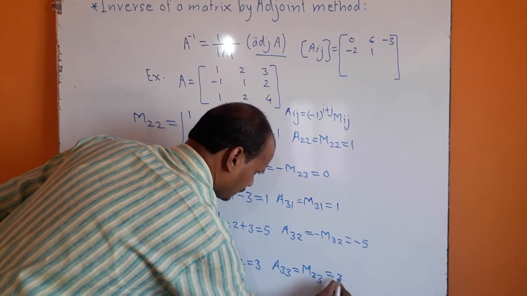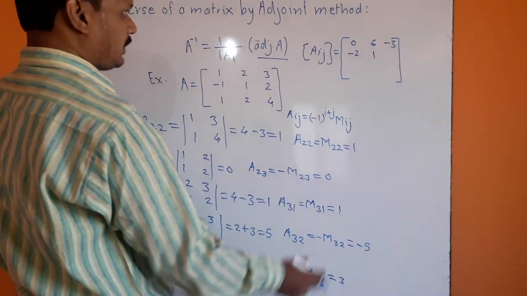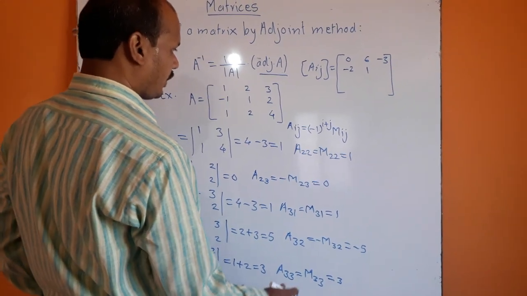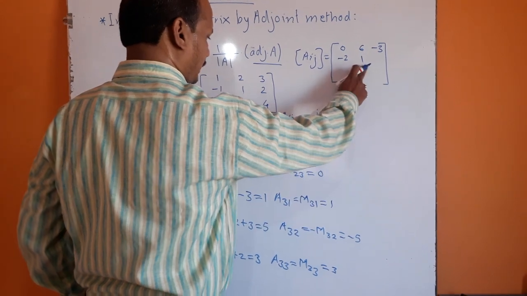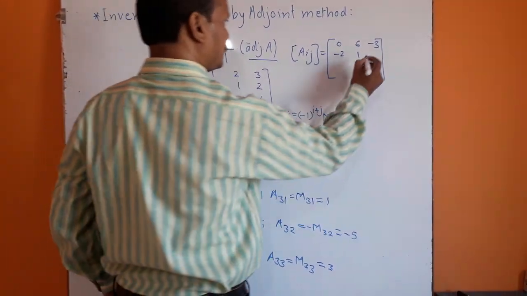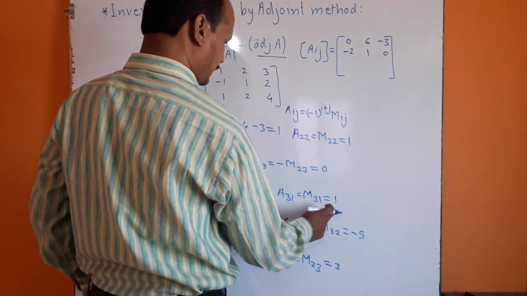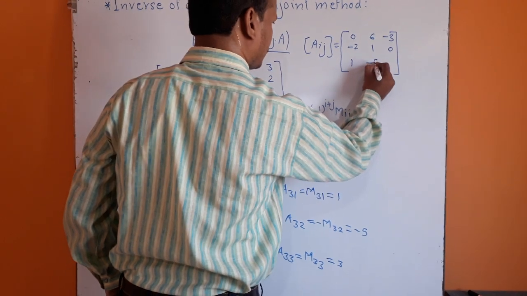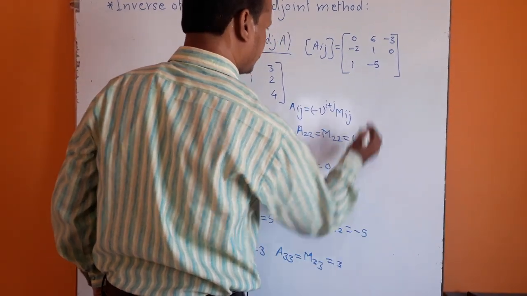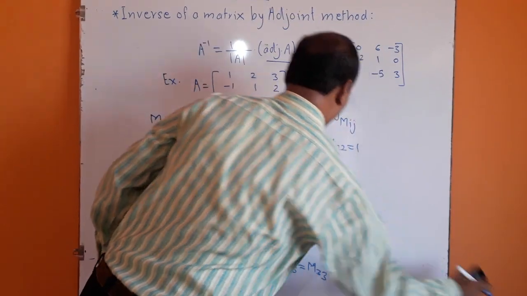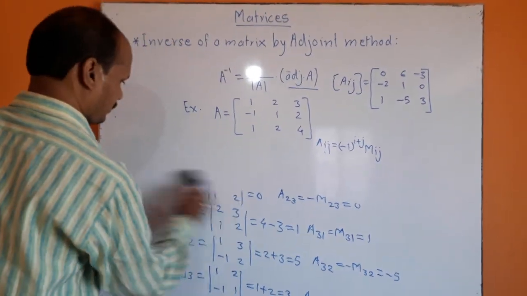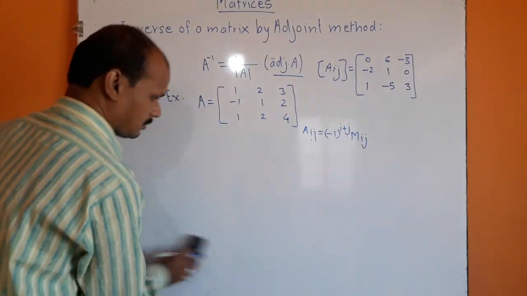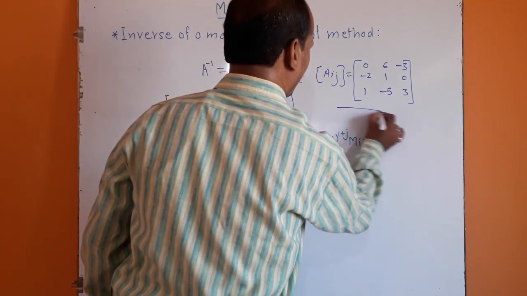A33 is equal to 3. We write all these values in the Aij matrix, that is, the matrix of cofactors. We have written A22 is 1, then A23 is 0, A31 is 1, A32 is minus 5, A33 is 3. This is the cofactor matrix.